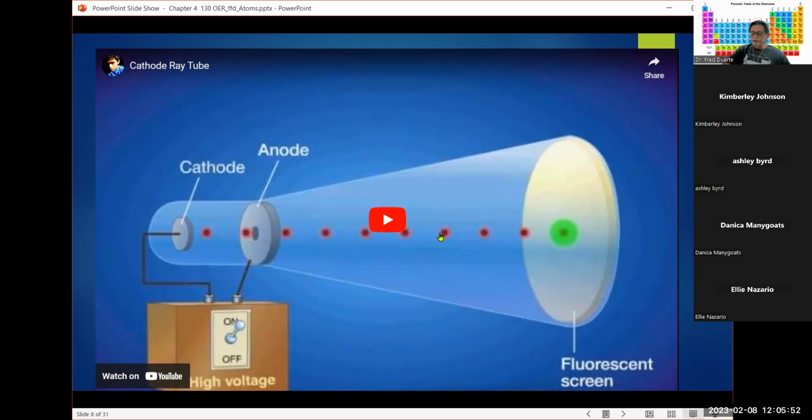Well, the energy on the red dots was transferred to the molecules on the screen, and they absorbed it, but nature being nature, it doesn't like to stay up in that excited state. It eventually dropped back down, and when it does, it emitted the energy it gained with a light. So he was able to observe something happening over here on the far right, on the other side of the screen.